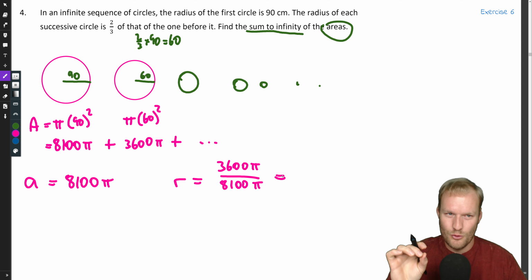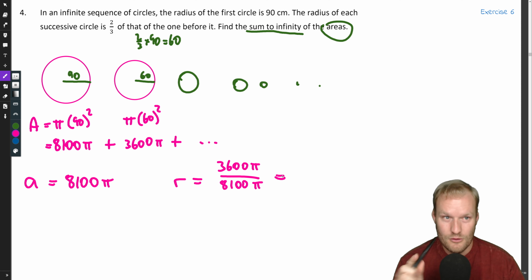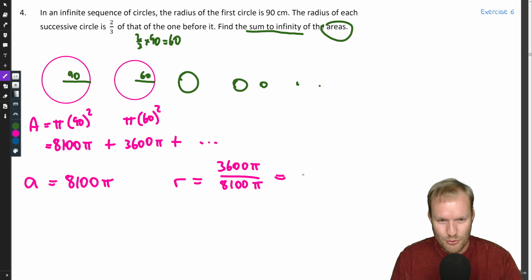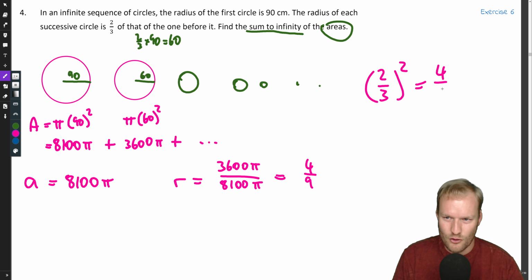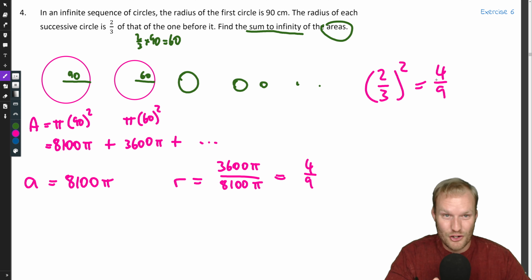Because the radius was 2/3 of the previous circle, I don't think the area ratio is going to be 2/3. Maybe you punched it in by now, simplified the fraction, and we get 4/9. Maybe you're expecting that already, because 2/3 squared is 4/9. So that's our common ratio each time because we're squaring the radius.